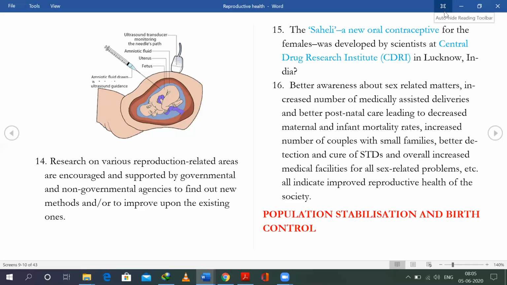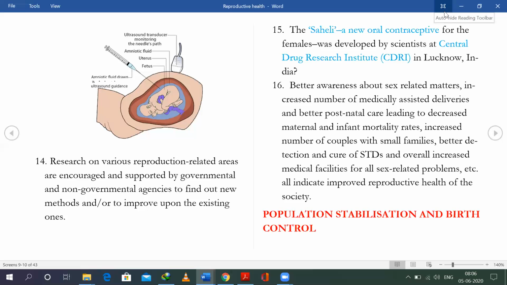Then we have seen Saheli, an oral contraceptive drug developed by the Central Drug Research Institute. Those are some aspects we have seen so far in the human reproductive health lesson.